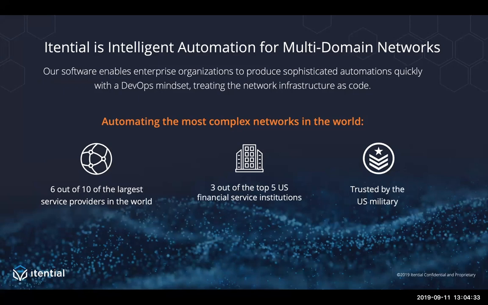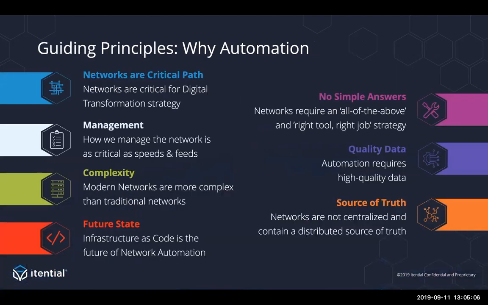So traditionally we've had SNMP, we've had CLI, and we built very verticalized solutions on top of those very human-centric interfaces. So what Itential focuses on is how do we provide automation leveraging these modern networking concepts. And obviously we have some very large customers, some of the largest networks in the world leverage Itential to help with automation, spanning service providers, financial services, and the US military. So we'll get into some of the details.